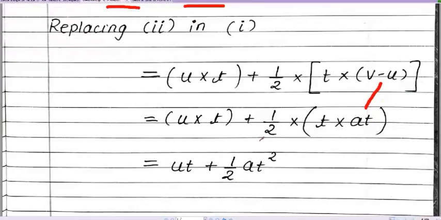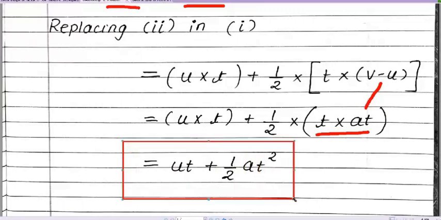Now we see that U into T means UT, plus half, and this multiplication is AT square. This is how we get this equation of motion. This is nothing but UT plus half AT square, and this is actually our S. So S is equal to UT plus half AT square. This we have derived using the graph.